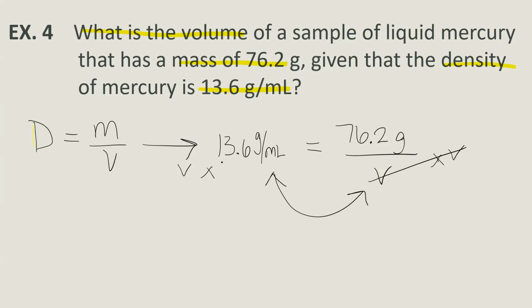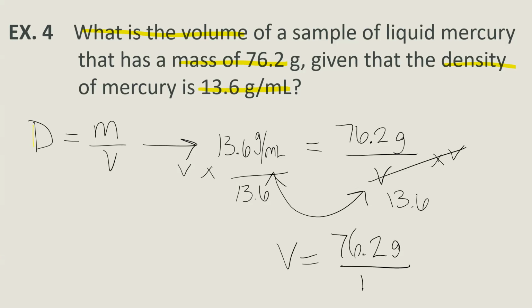But you want to find volume. So then to get rid of the 13.6 density, you would have to divide both sides by it. So then you're left with volume equals mass over density.